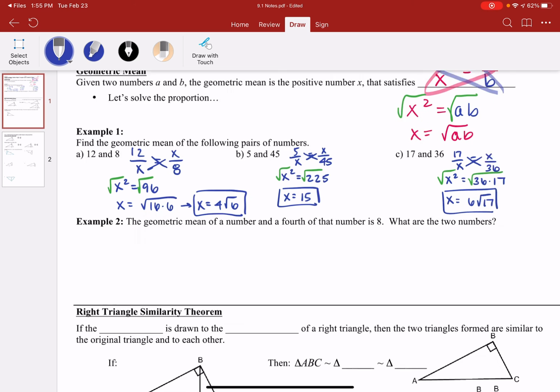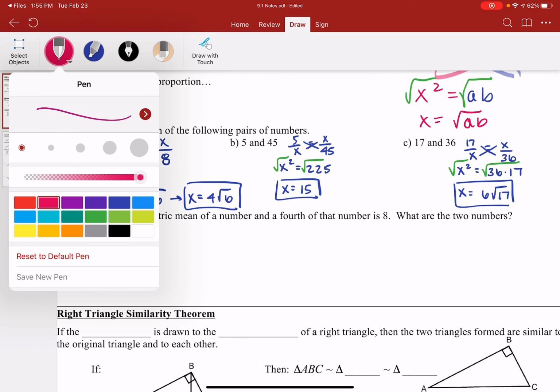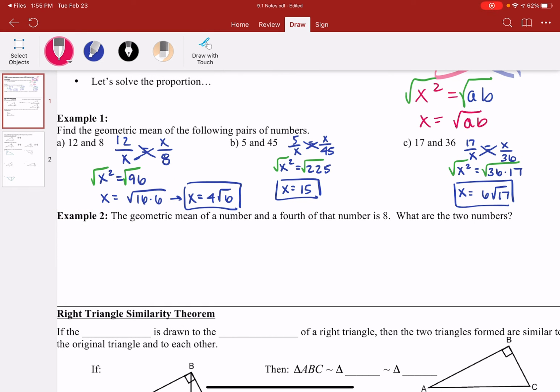So if I don't know something, remember in math, we assign a variable to it. So the geometric mean of a number, I don't know what it is, I'm going to call it x. And a fourth of that number, I'm going to call 1/4 x, or if you prefer 0.25x, it doesn't matter.